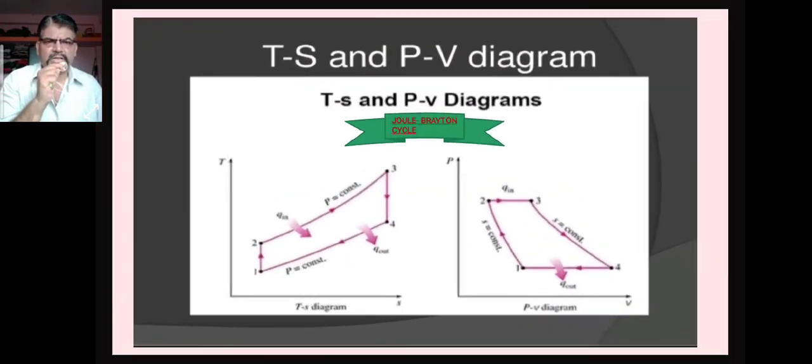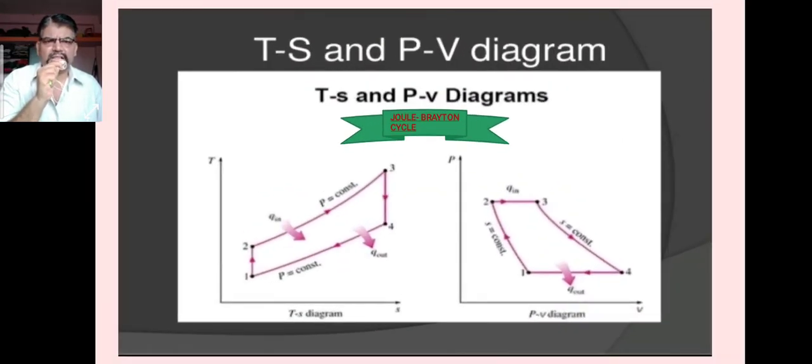Next, now the TS and the PV diagram, from 1 to 2, 2 to 3, 3 to 4 and 4 to 1. In between 1 to 2 there is compression. In 2 to 3 combustion is happening. In 3 to 4 there is a turbine, it means the expansion is happening in the turbine, and by that time the entropy remains constant.